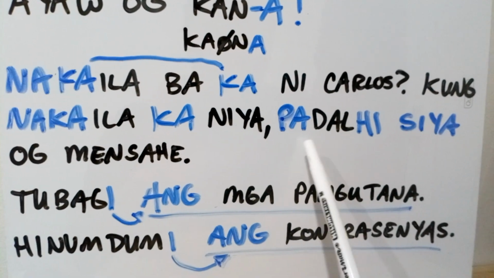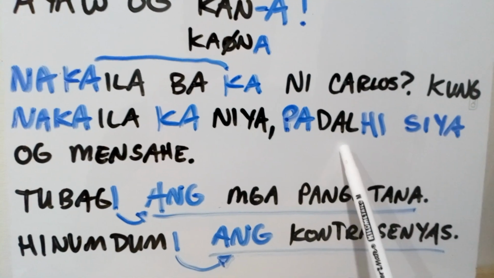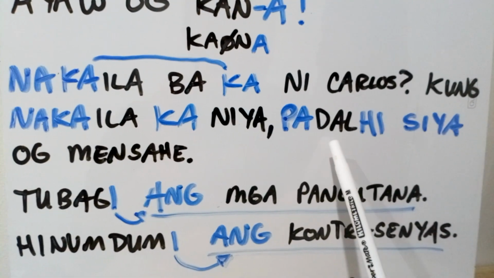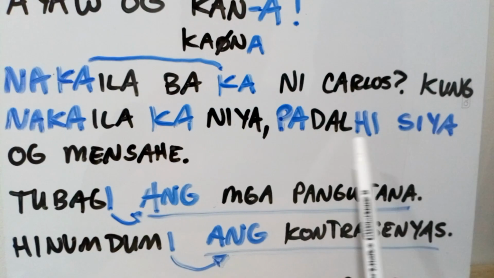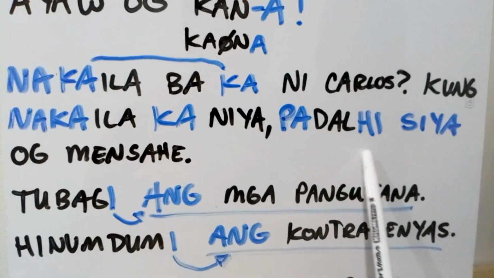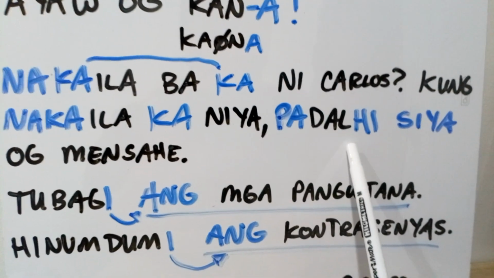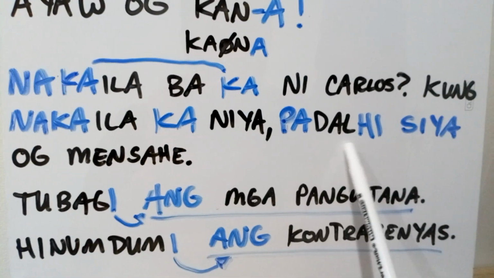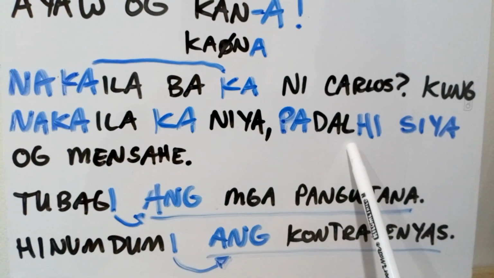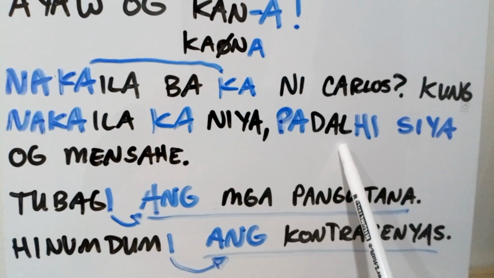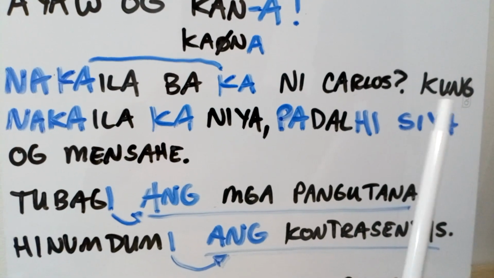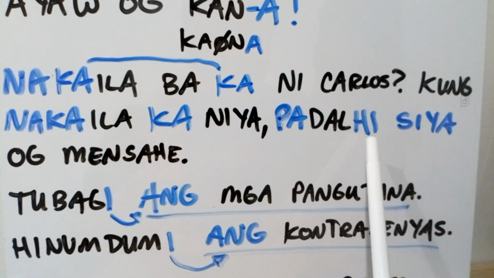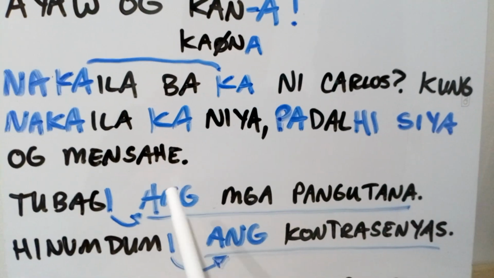by you, right? This padalhi is the imperative. You bring him, or you give a message. You send, right? And this is, again, the "he." If you don't know anything about the "he," remember we talked about this in a previous video, how this is the imperative of the circumstantial focus. Padalhi siya og mensahe.